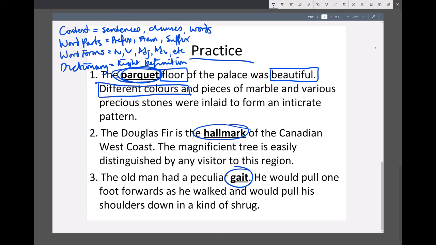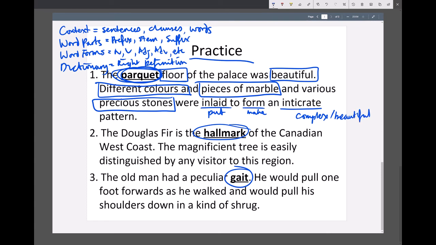It has different pieces of marbles and precious stones that are put together to form an intricate, that means complex, but beautiful pattern.